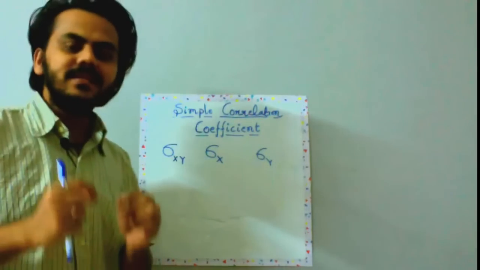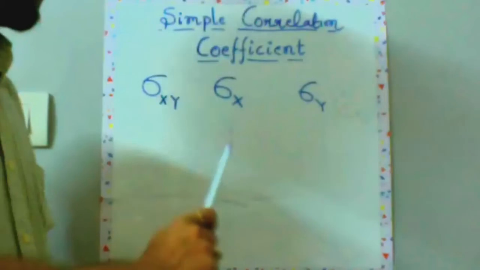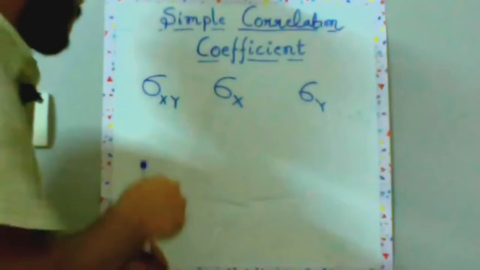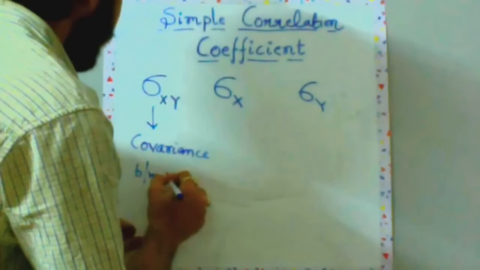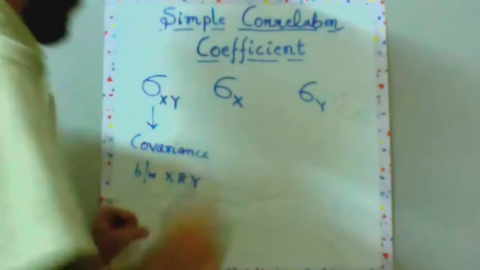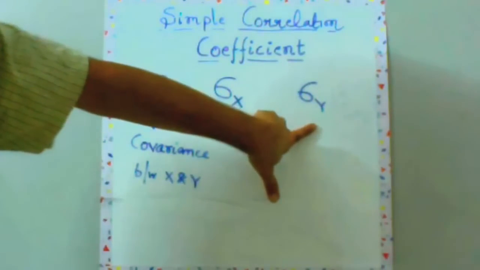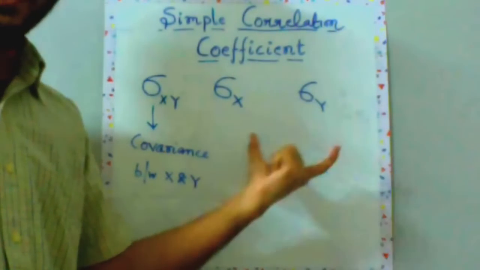For calculating simple correlation coefficient, you need three things. First is your sigma xy, which is your covariance between x and y. And the second thing is your sigma x and sigma y values. Now these values are standard deviations.